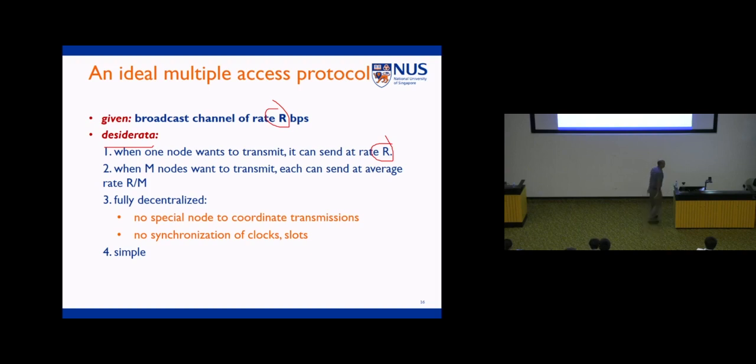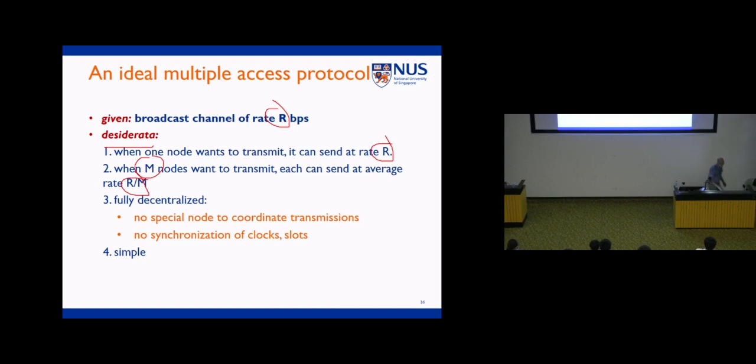However, if there are many others who also want to transmit, let's say there are m others, in this case my protocol should be fair and everybody should get R over m, an equal share of the channel. So two things. One is, I want my protocol to be fair. If more than one, it should be fair. But then, if others don't want to use it, I don't want to waste my resources. It should be efficient. If there's only one person, give that person the full data rate.